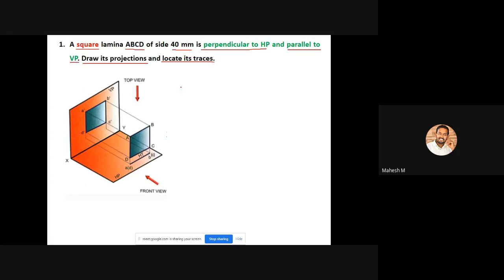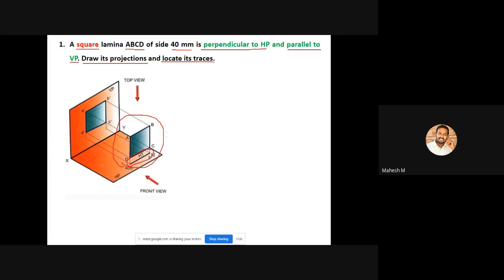Locating the traces for this kind of problem is very simple, because one condition is parallel to VP. If it is parallel to VP, there is no vertical trace, so we have to mark only the horizontal trace. Based upon the condition, we can place the square plane like this. We will have a square shape in the front view and a horizontal line in the top view.